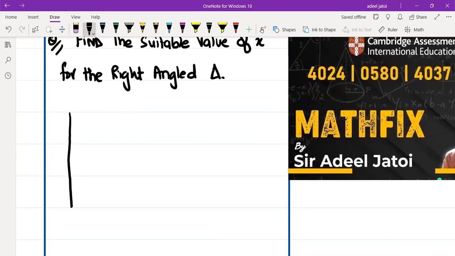There would have been a right angle triangle with 90 degree, because without 90 degree there cannot be a right angle triangle.